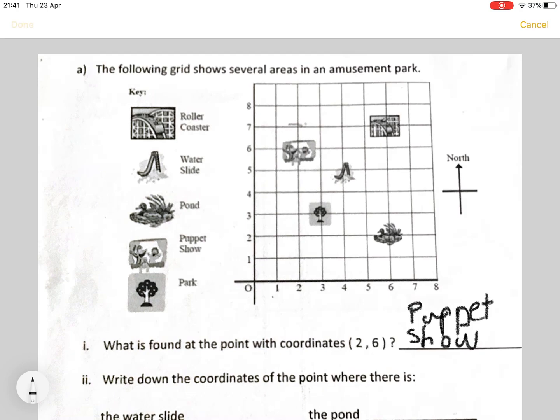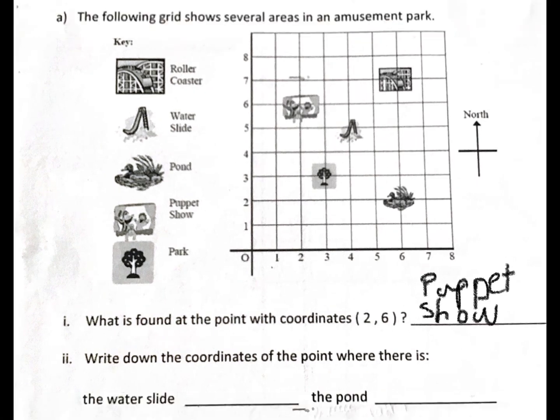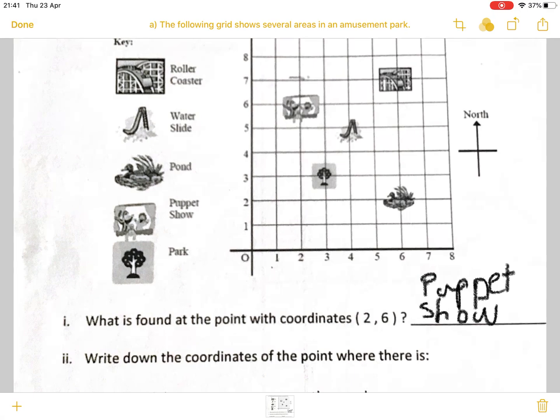Now, write down the coordinates of the point where there is the water slide. To arrive at the water slide, we need to move 4 to the right, and then 5 upwards.